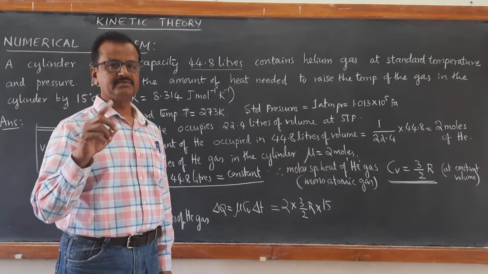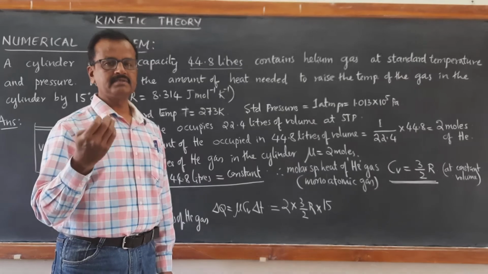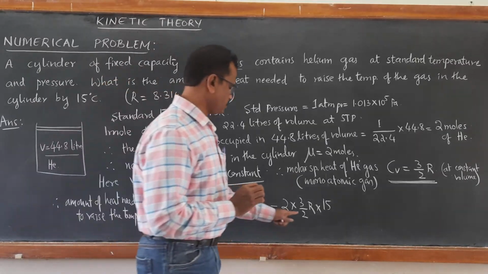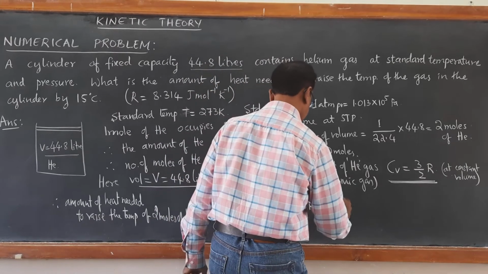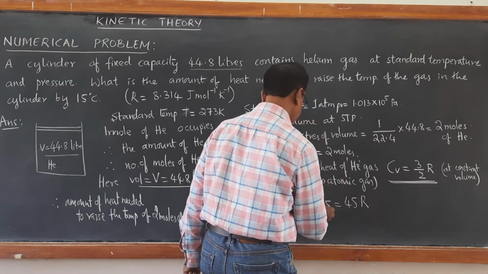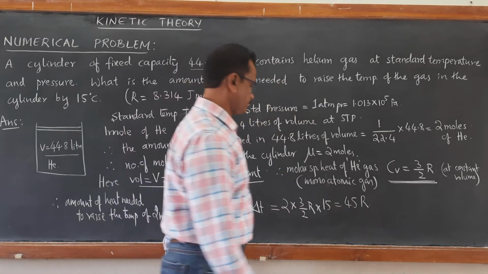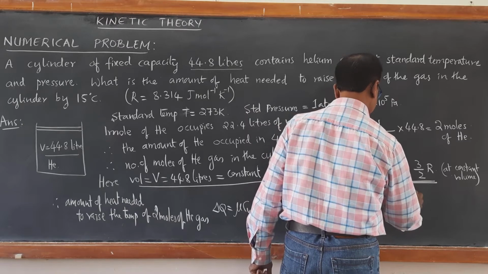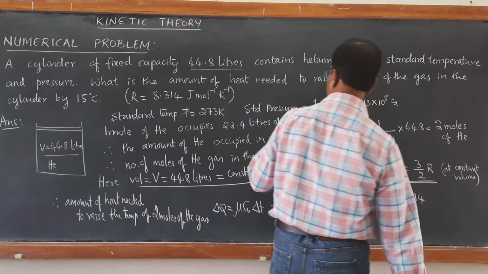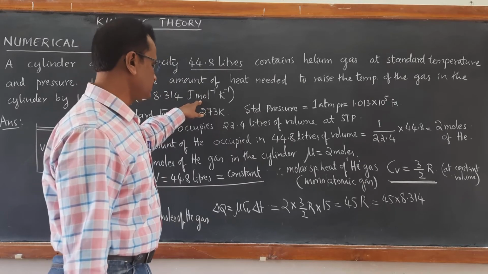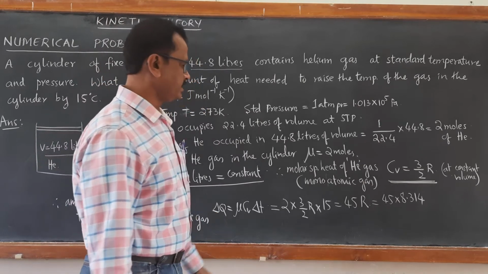Difference in temperature, if it is 15 degrees Celsius, is also 15 Kelvin. If you cancel 2, you are left with 45 R, since 15 threes are 45. Calculate 45 into 8.314 joule per mole per Kelvin, then you will get the heat needed.